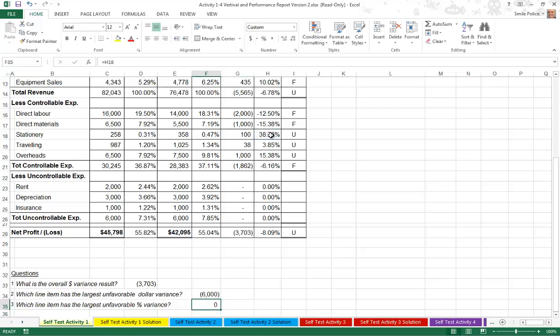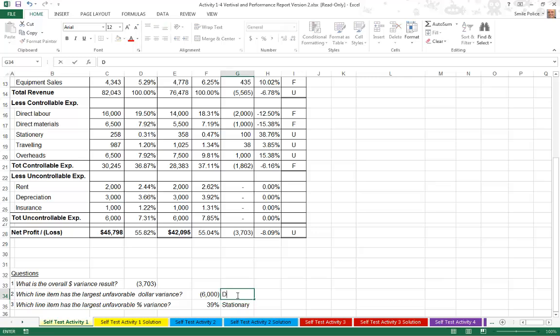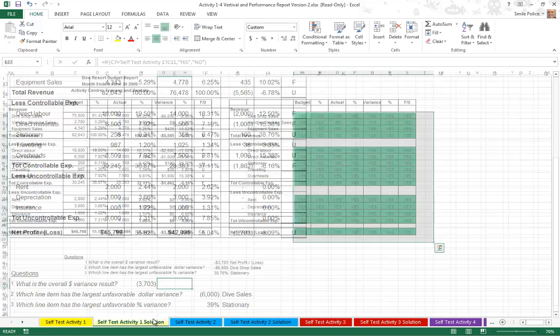You could probably put stationery there. And what else? 6,000 was dive sales. And there it is.